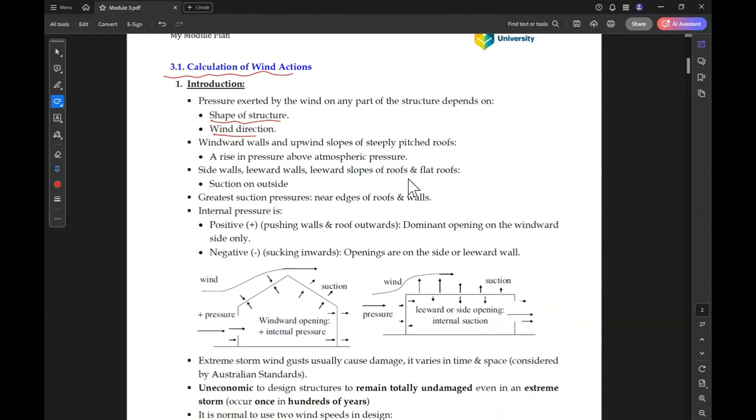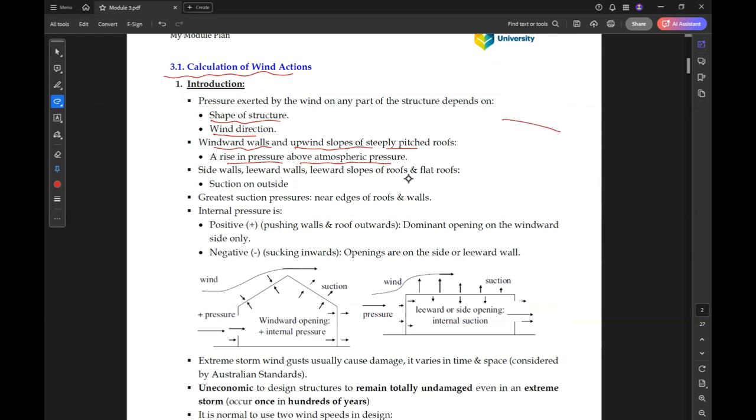We have some definitions. We have windward and upwind slopes, and gable roofs. These arise in pressure above atmospheric pressure. So the pressure in these cases will be above the atmospheric pressure. What is the definition of windward wall?